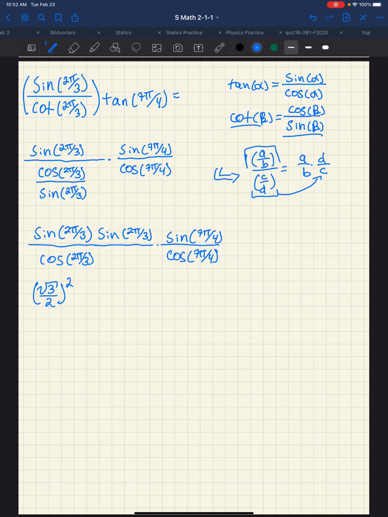Root 3 over 2 times root 3 over 2 is the same as root 3 over 2 squared. Okay. Then we have cosine of 2 pi over 3. Well, that's negative a half. And then we want to multiply. Well, we have sine of 7 pi over 4. That's negative root 2 over 2. And then we're going to have cosine of 7 pi over 4, which is root 2 over 2.